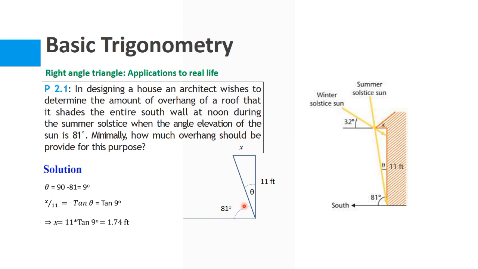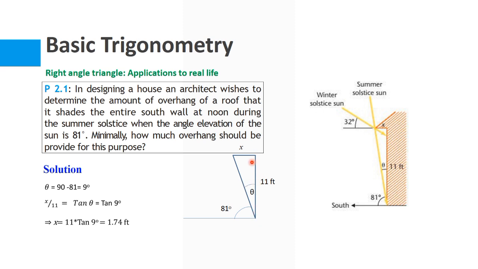By subtracting this 81 degrees from 90 degrees, we find this angle theta, which is 9 degrees. Now our reference angle is this angle theta, which is 9 degrees, and I have already told you that the line which is adjacent to the reference angle theta would be the base.